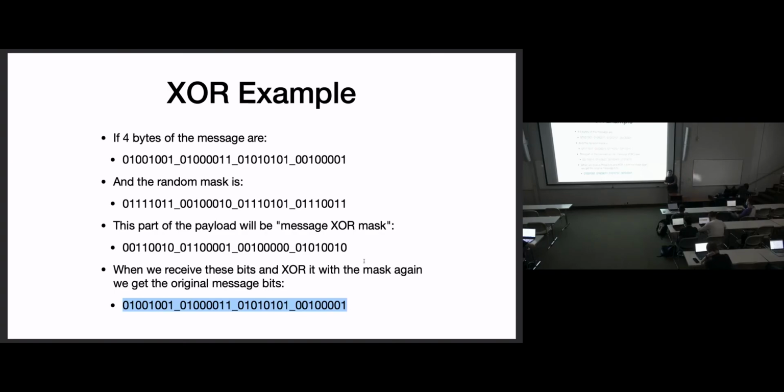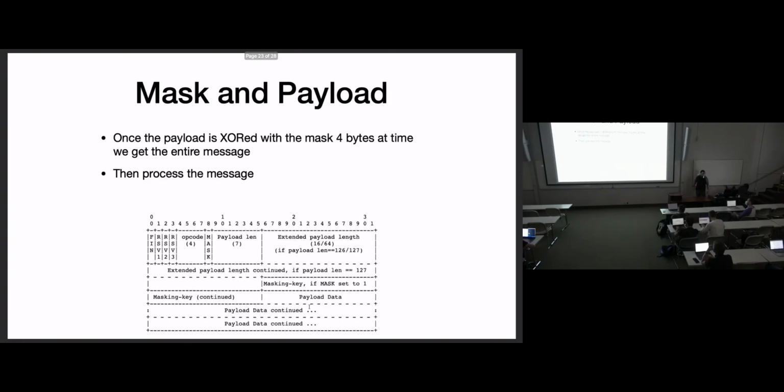Anything XORed with itself is just straight 0s, so we're effectively XORing the message with all 0s if we mask it twice. So we get the masked data and effectively unmask it by XORing it with the mask again, undoing the masking. When we receive the payload, each 4 bytes will be unmasked, and then we actually read the payload message.